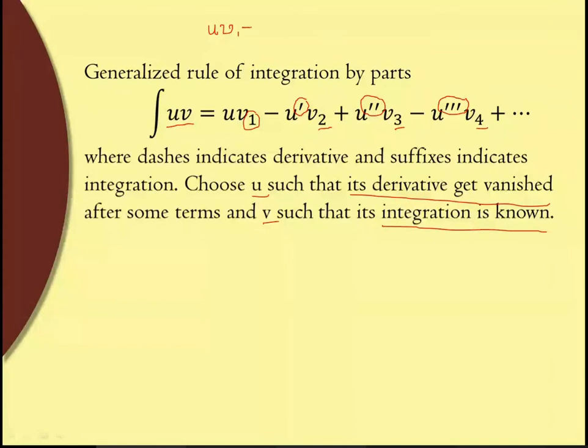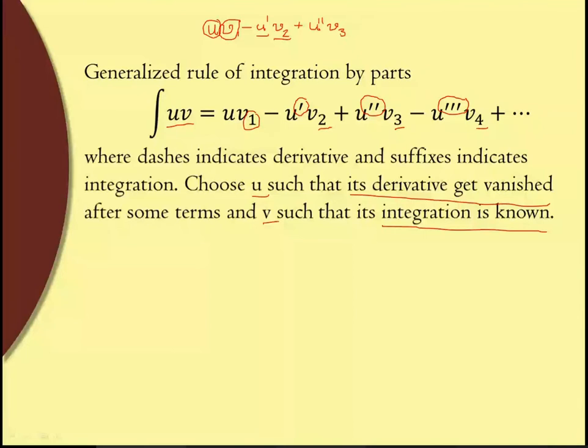Then the next term will be negative, derivative of the first term, integration of the second term. So the derivative of the first term is u dash, integration of the second term will be v2. Then plus, it will be the derivative of this term, integration of this term, so it will be u double dash v3.